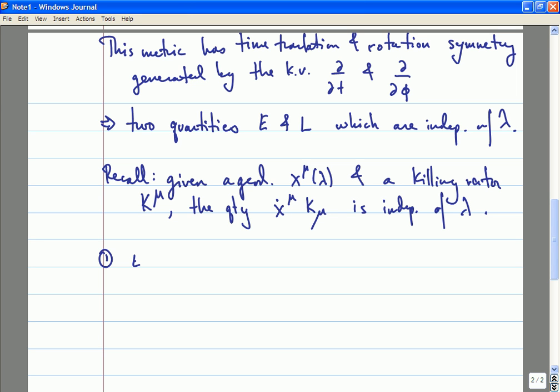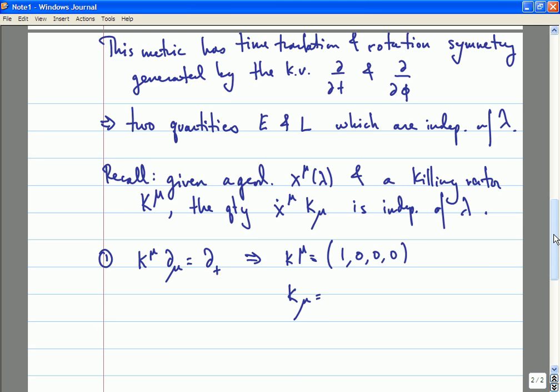So E, for time translation invariance, our Killing vector is d by dt, meaning that k^mu is equal to (1, 0, 0, 0). What is k lower mu? We need to lower that vector index.